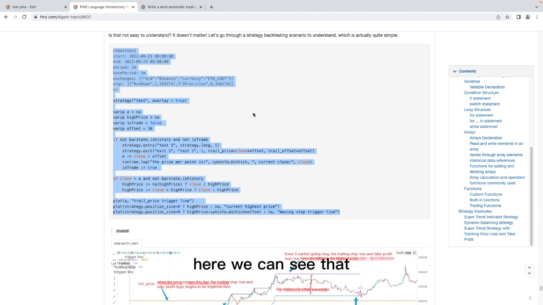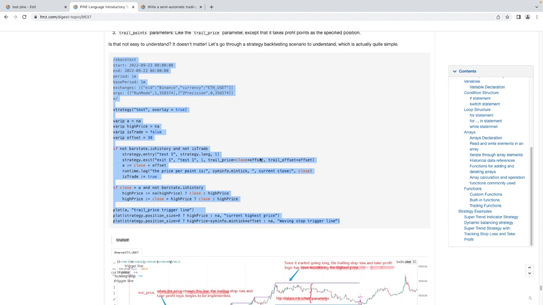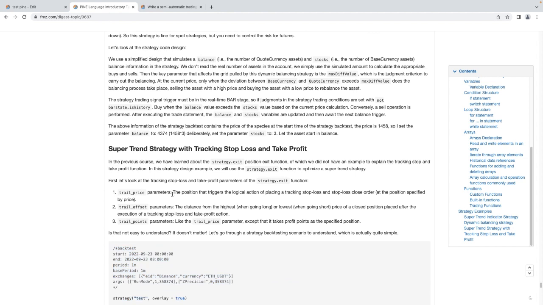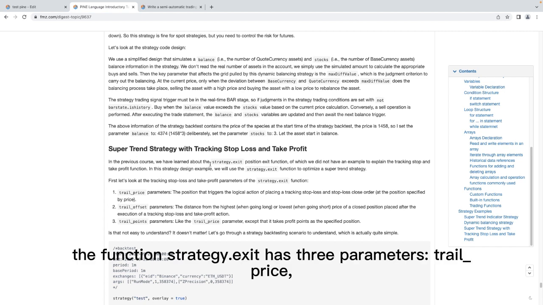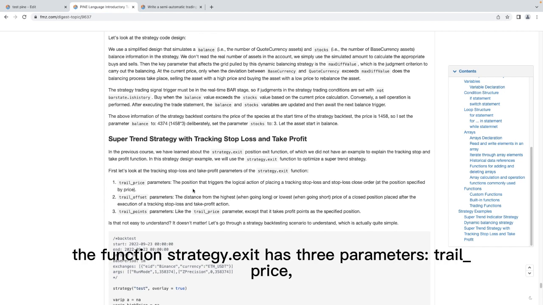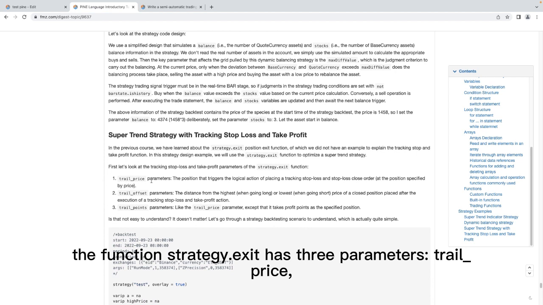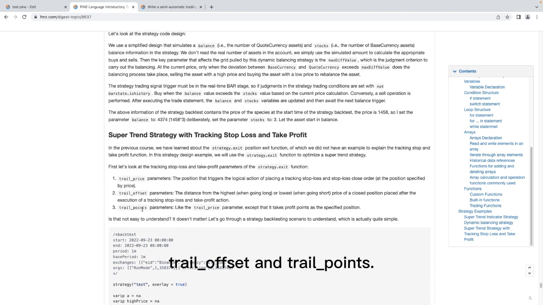Here we can see that the function strategy.exit has three parameters: trail price, trail offset, and trail points. What are their specific uses?